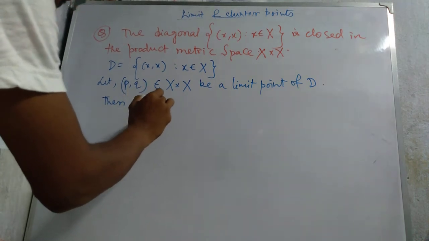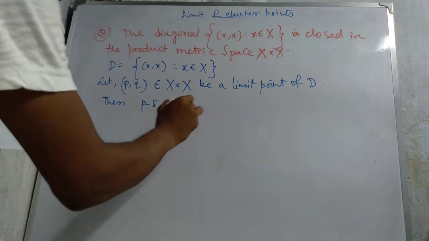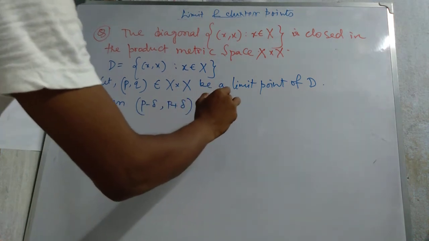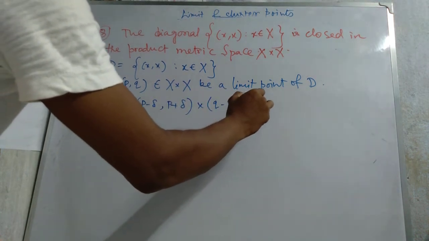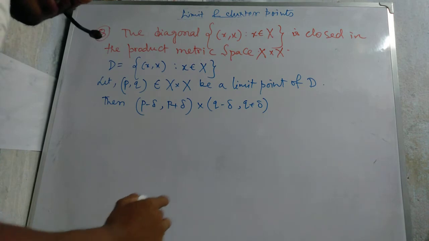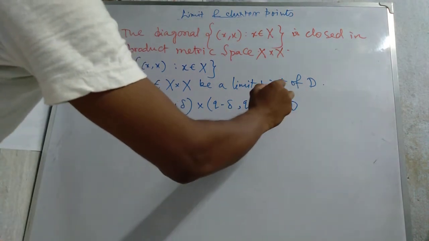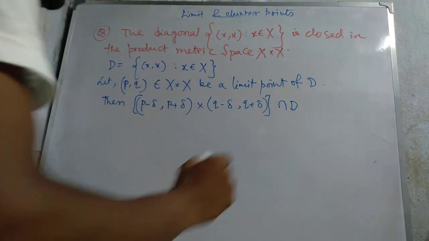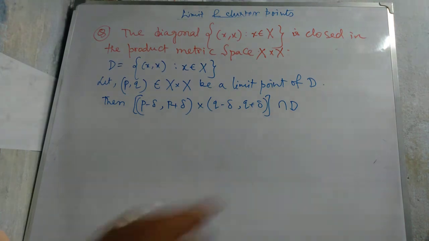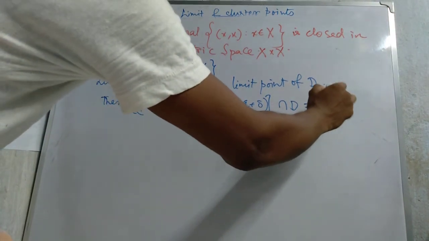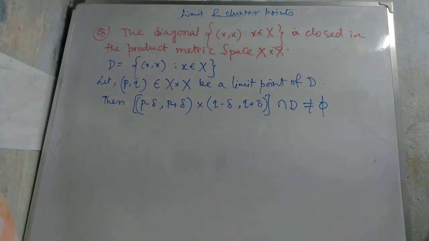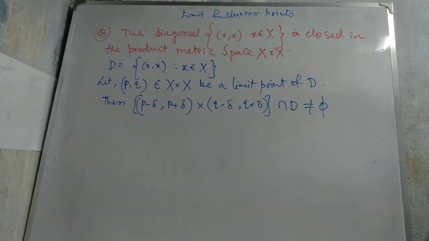(P minus delta, P plus delta) Cartesian product (Q minus delta, Q plus delta) intersection D, okay, is not equal to the empty set. (P, Q) is a limit point, so this is possible.